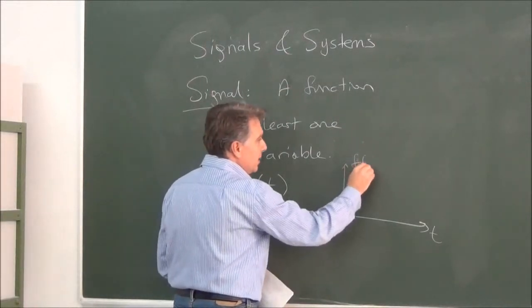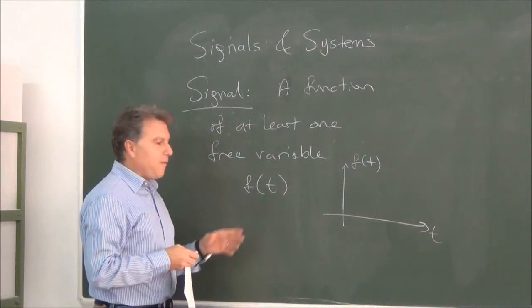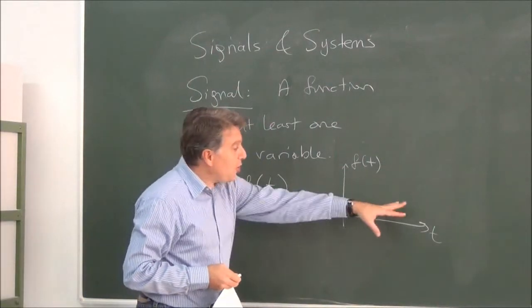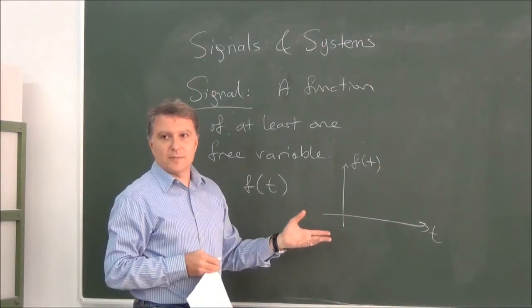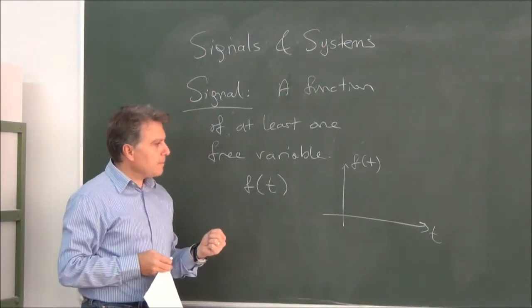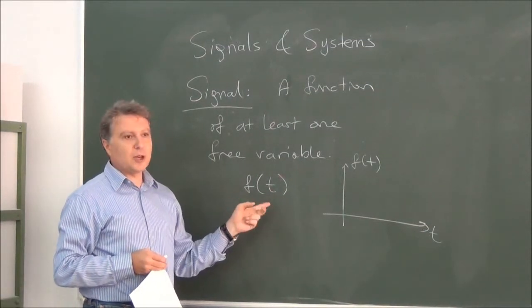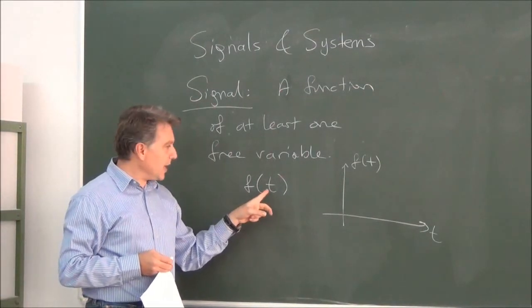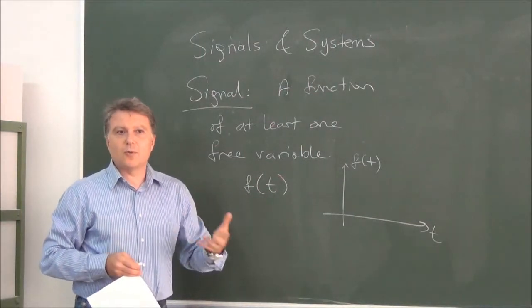And this will be f of t. And it must be a function. What makes a curve a function, and what makes a curve not a function? A function has only one outcome in terms of the free variable. At one time instant, f of t must attain one value. It cannot have more than one value.